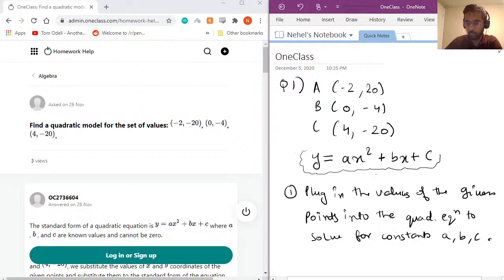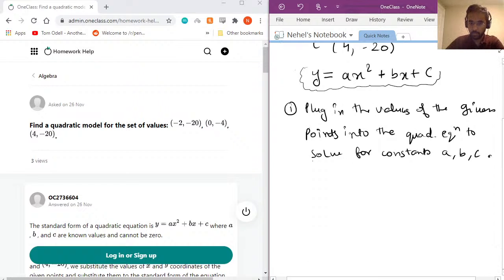So these are small a, small b, and small c, which are part of the quadratic equation. So start with point B.